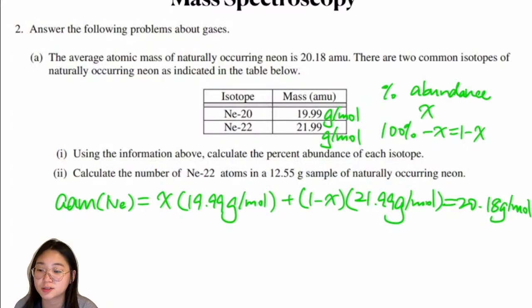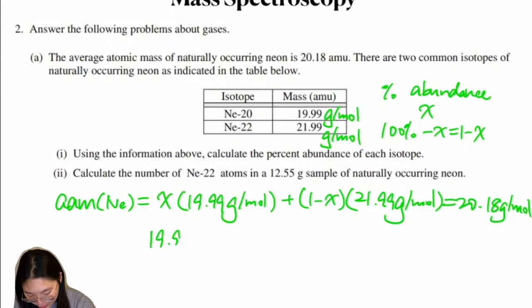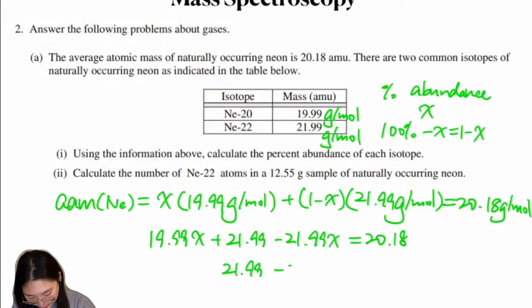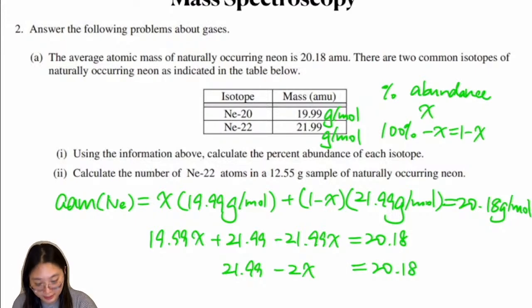So now I just need to solve this equation. It's a linear equation. 19.99x plus 21.99 minus 21.99x is equal to 20.18. So 21.99 minus 2x is equal to 20.18.